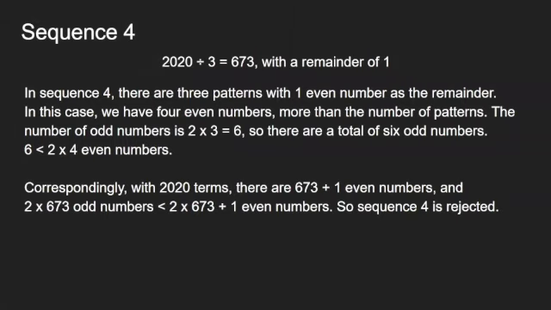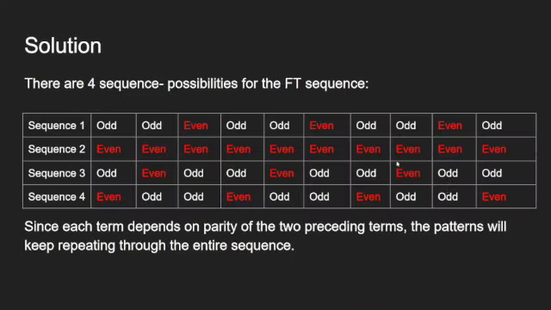So sequence 4, there are 3 patterns with one even number as the remainder. So in this case, we have 4 even numbers because there's one as a remainder this time, which is more than the number of patterns. So you can see here that sequence 4 does the same thing.